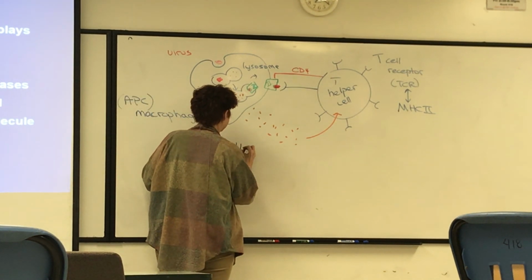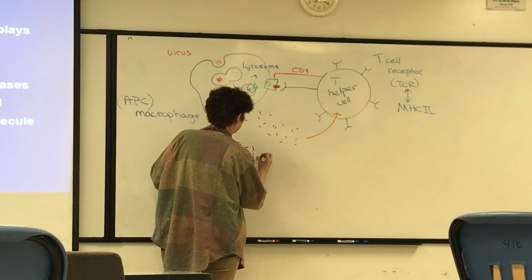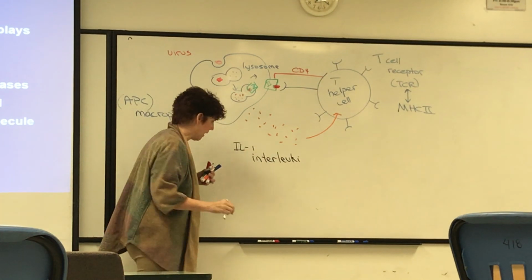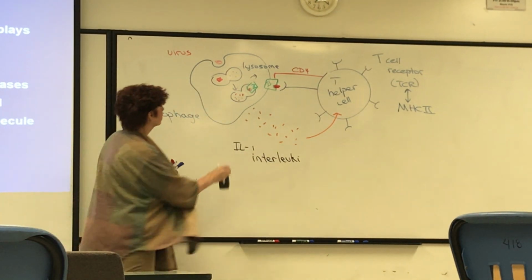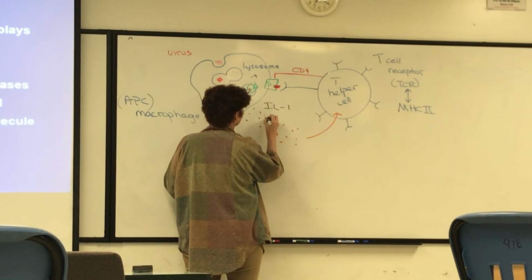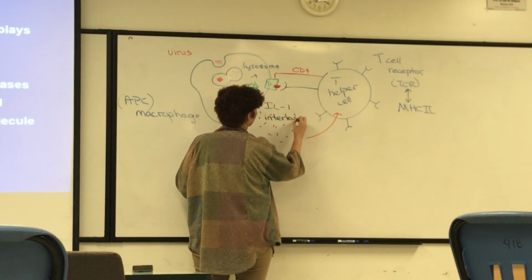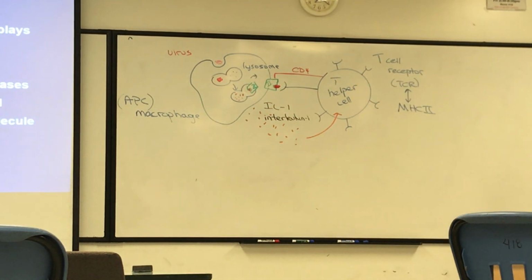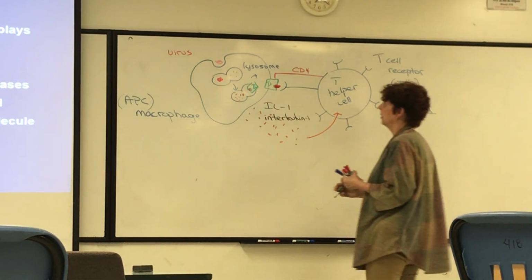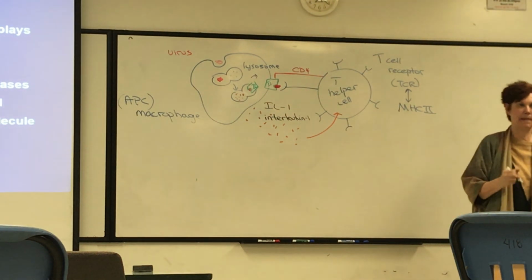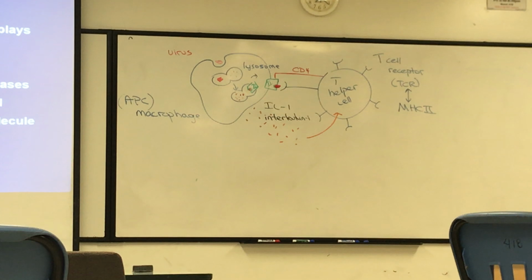So abbreviated IL-1, which stands for, actually I'm going to write that a little higher because I need this space. Now there's some variation in the cells that make it, but I'm simplifying it here. So we're going to assign interleukin-1 to the macrophage, all right? And that is what activates the T helper cell. It makes the T helper cell able to help, okay?